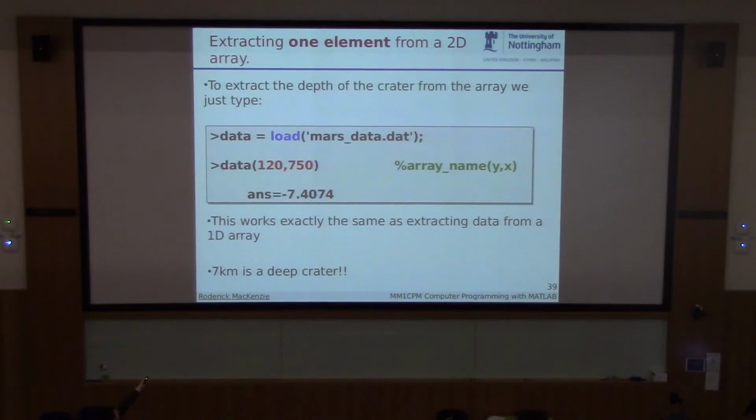In MATLAB, you've got to go data, brackets, Y position, X position. I don't know why. This is because mathematicians do it backwards. I don't understand why. If you get an OS map and you go along the X, then up the Y, the mathematicians always do it backwards. So Y, then X. And then it will print out the depth of that crater, which is about 7.4 kilometers deep.